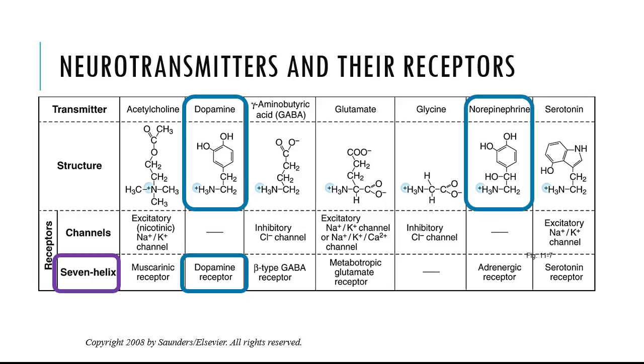Another catecholamine is called norepinephrine. We gave an example of this previously when we talked about how G proteins can bring about various responses. So we see this table backs it up. Norepinephrine binds to G protein receptors. Their receptors are called adrenergic.